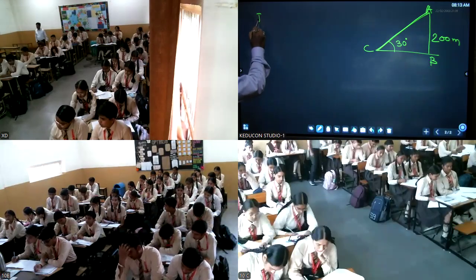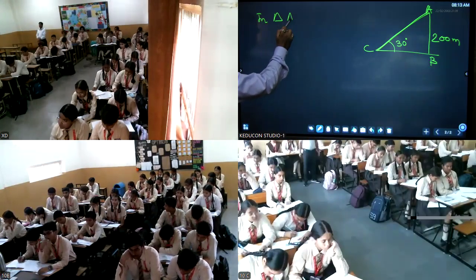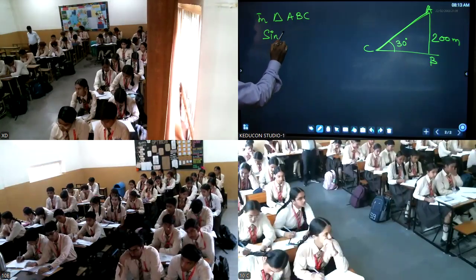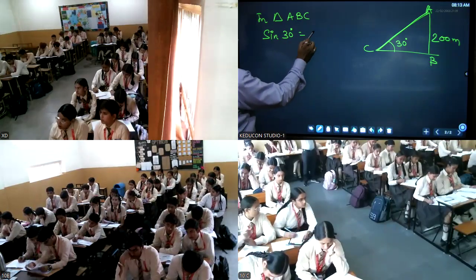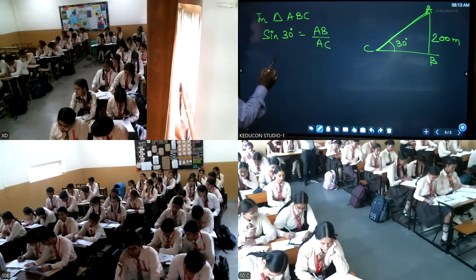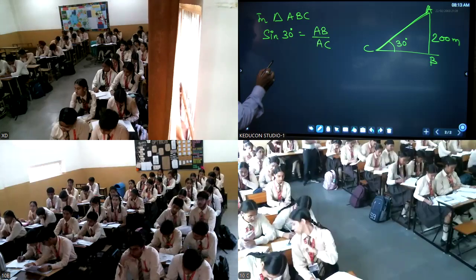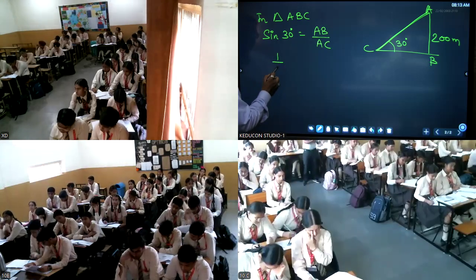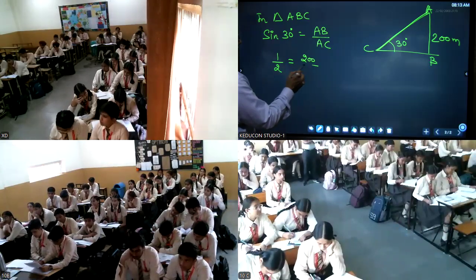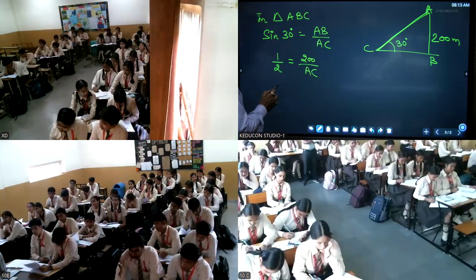So in triangle ABC, sin 30 degree is equal to AB upon AC. Value of sin 30 is 1/2. So we cross multiplied, children.